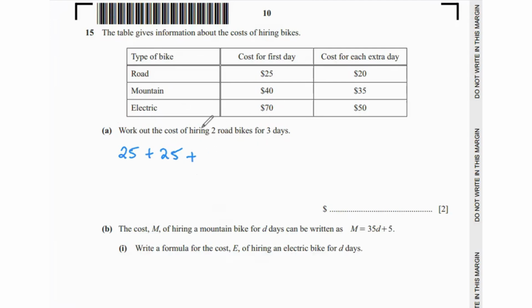And then 2 extra days, so 2 times 20 plus again 2 times 20. So that's 50 plus 80, and that's 130. That's the cost of hiring 2 road bikes for 3 days.